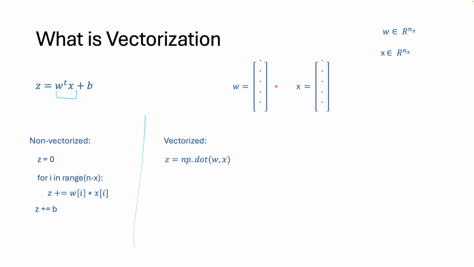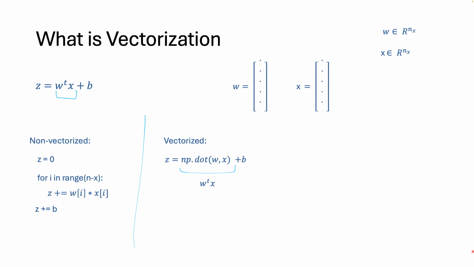Simply, if you do z equals np.dot(w, x), it would multiply these two vectors together, so it computes w transpose x. Then you can just add b, as b is just a constant number, and you can find that this is much faster.